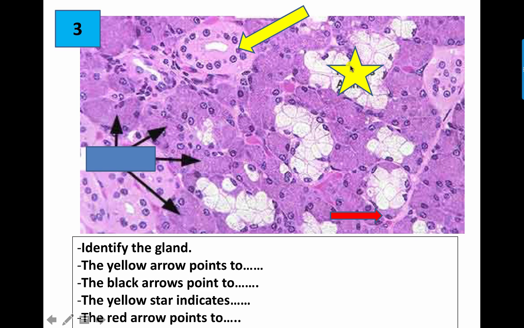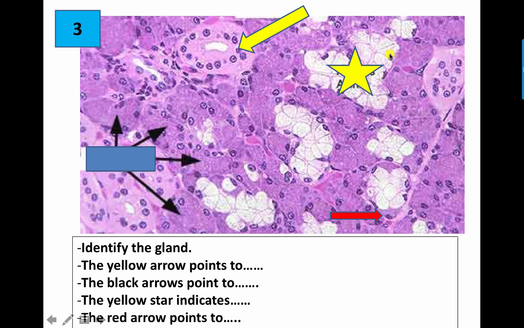The yellow star here indicates a typical mucus acinus formed of the cells which have a vacuolated cytoplasm and basal flattened nucleus, and they are low cuboidal cells here, with the basal flattened nuclei and vacuolated cytoplasm.